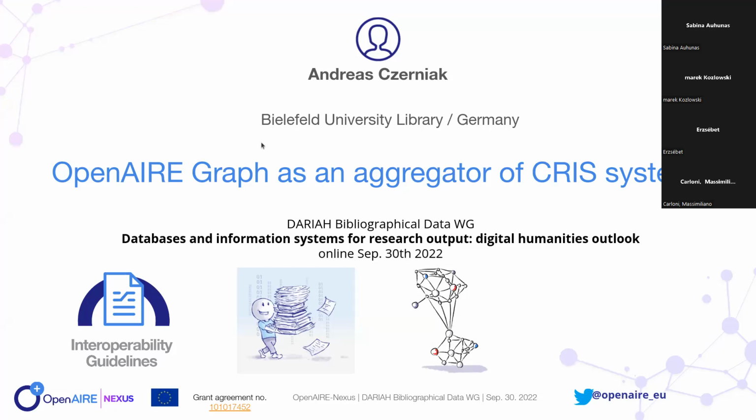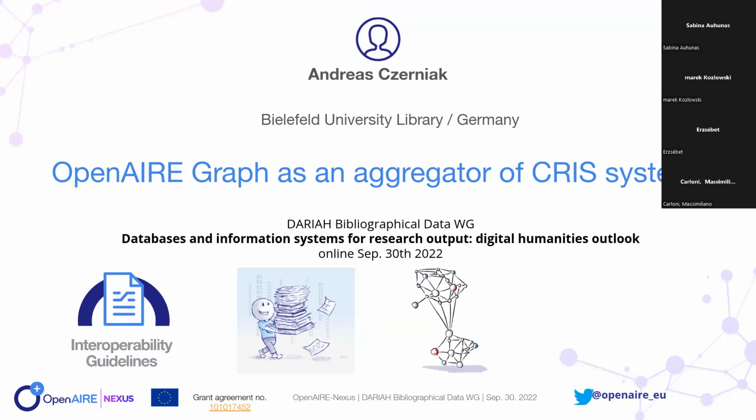And thank you for inviting OpenAIRE to present the OpenAIRE research graph in the context of research information systems in this working group. My name is Andreas Czerniak from Bielefeld University Library in Germany, and I'm responsible for the CRIS guidelines of OpenAIRE since 2019.